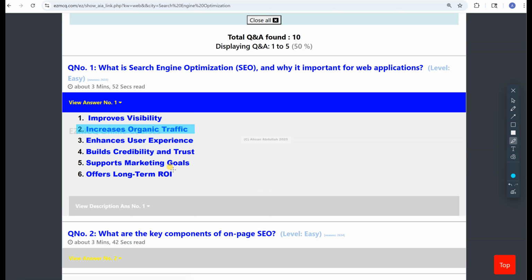So what is the end result? The end result is the enhancement of the user experience. So when the user experience is enhanced, it becomes better. So the search engines basically rank the user friendly websites higher. So the search engines are not dumb, they are smart.